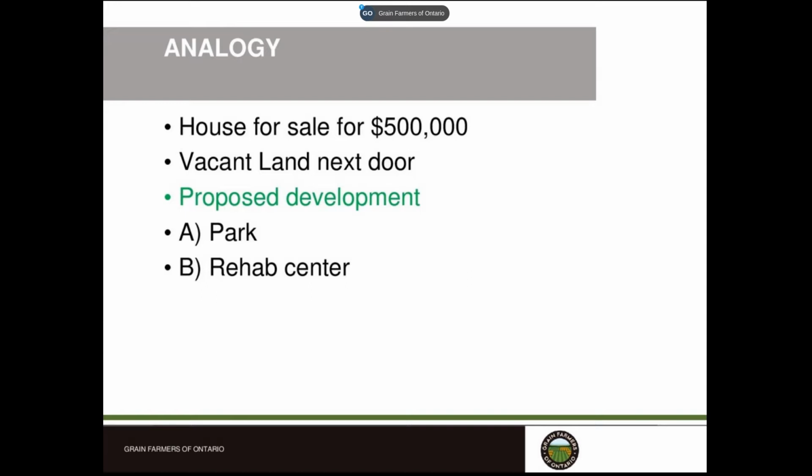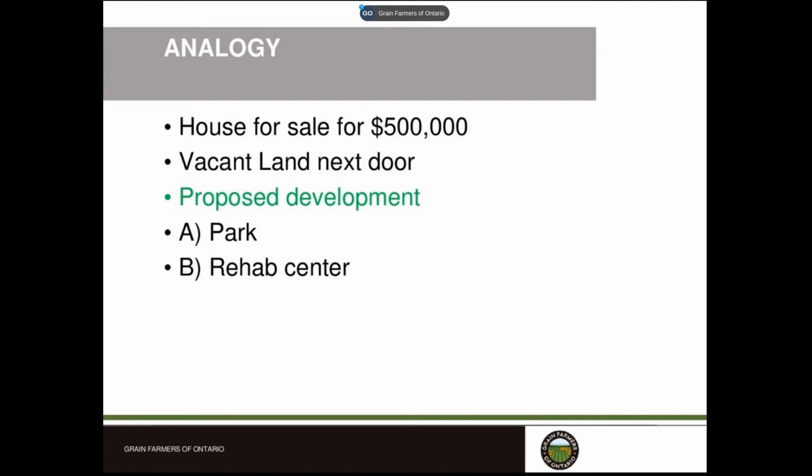Or the second one, there's a rehab center there. Don't know if I'd really want a rehab across the street, meaning that it could adversely affect the price of the house. Maybe it will, maybe it won't. But I'd rather not, because even though I feel bad for the people that are having trouble, it has a tendency to have some effect on my property price.